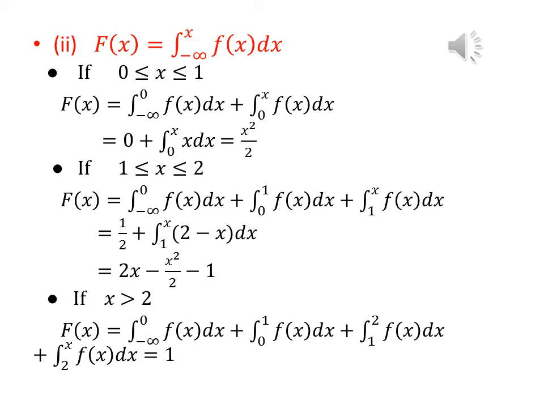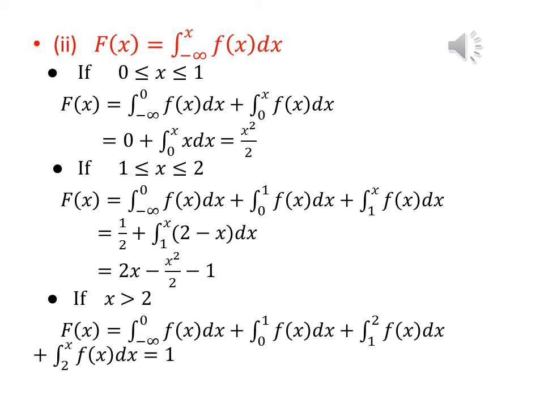That's step number 1. After that, x from 1 to 2. So the integration from negative infinity to 0, plus 0 to 1, plus 1 to x. From negative infinity to 0 is 0. From 0 to 1, f of x equals x squared over 2, substituting x equals 1 gives a half.